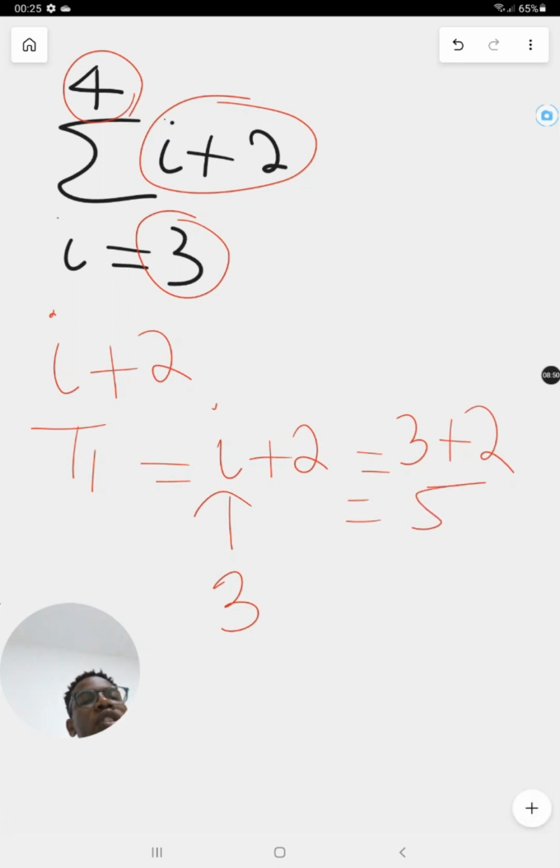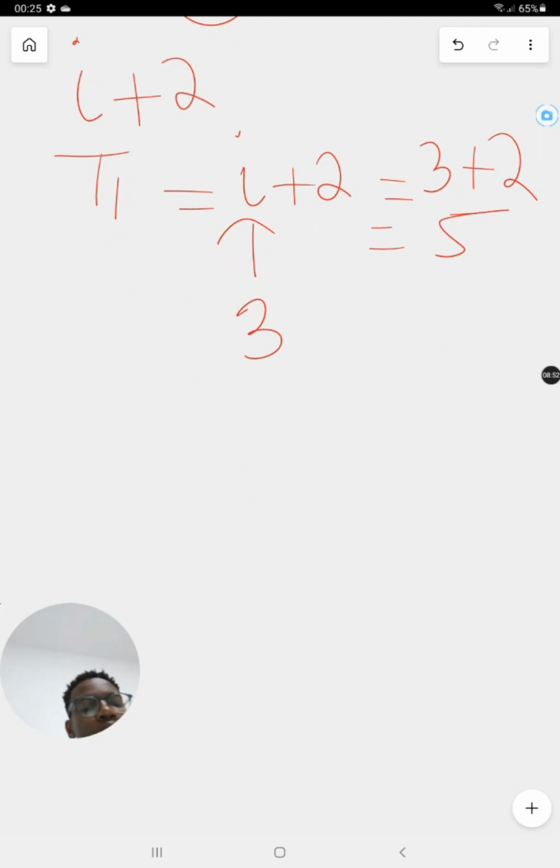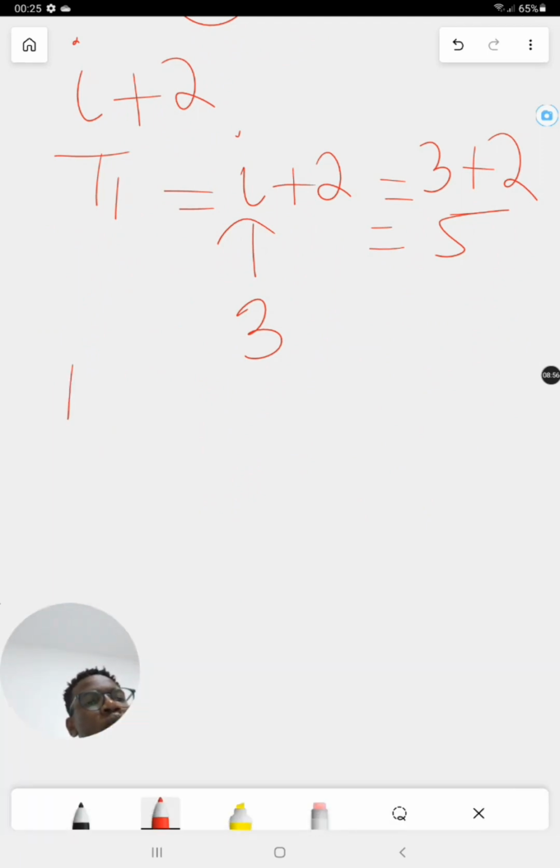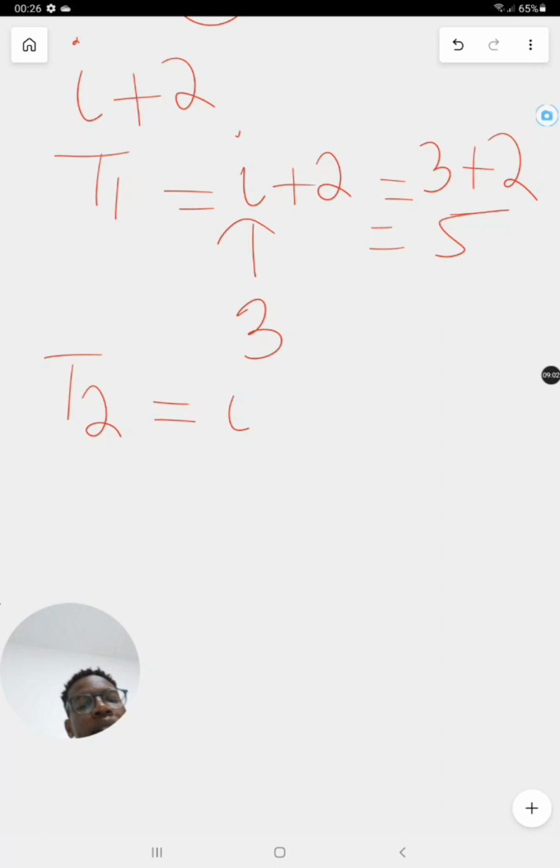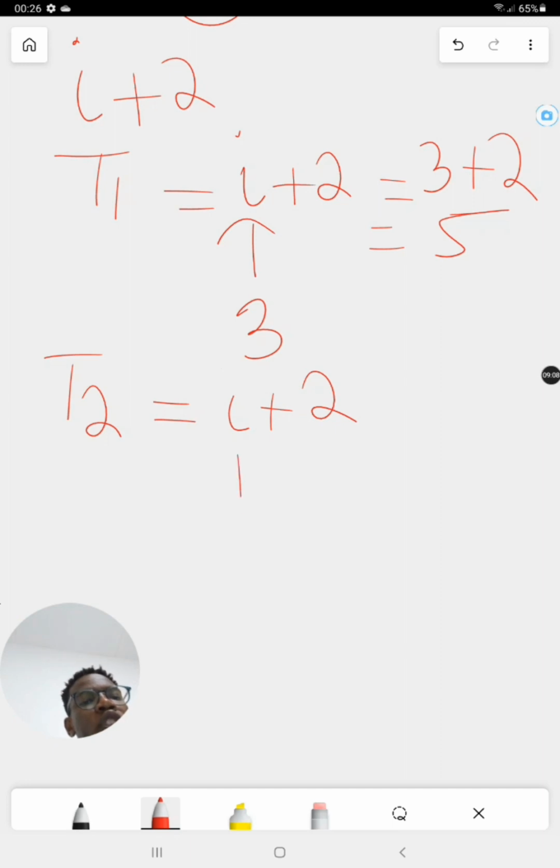So that's your first term, right? What's your second term? Well, you do the same thing. T2, term number 2, your formula is i plus 2.